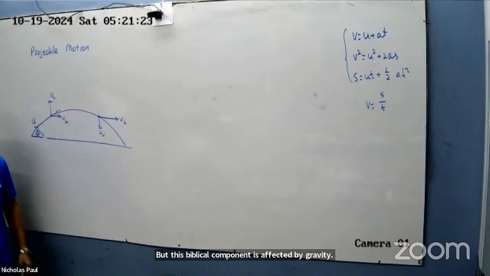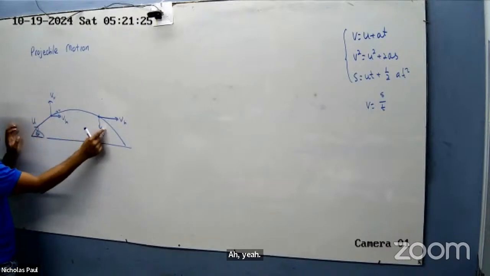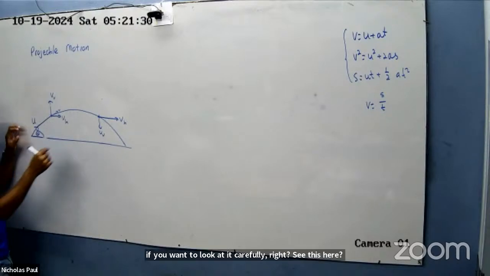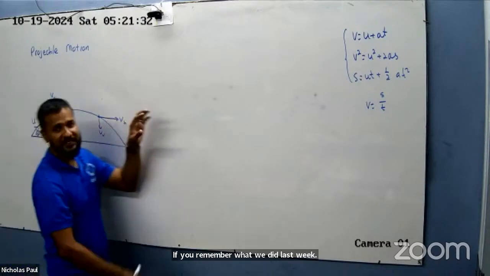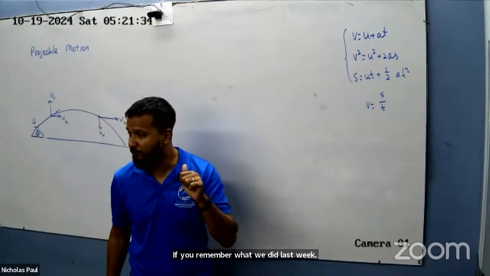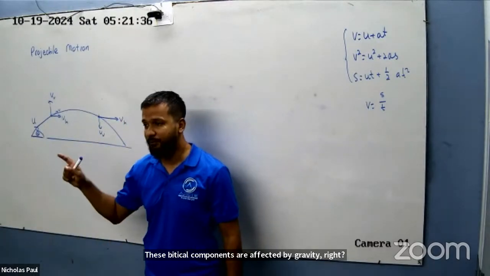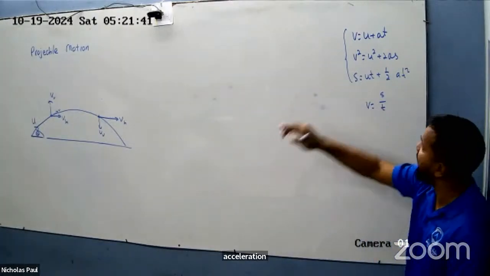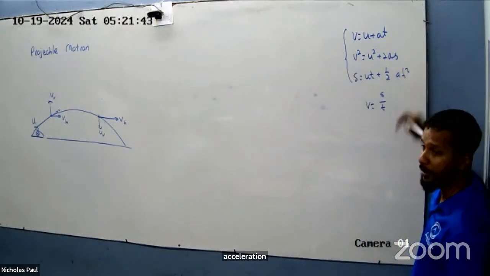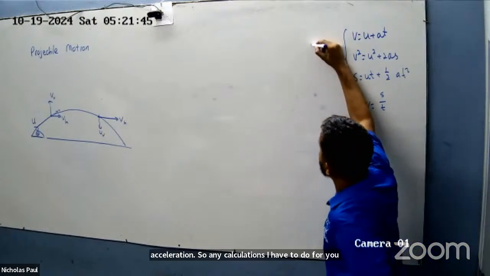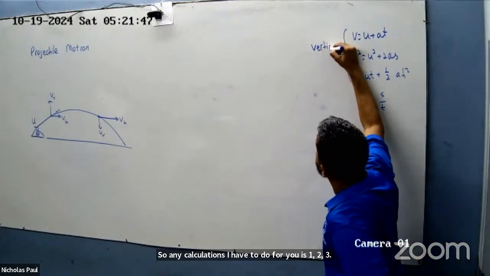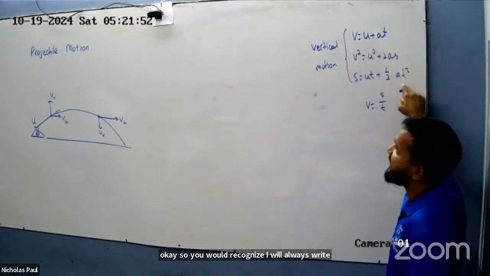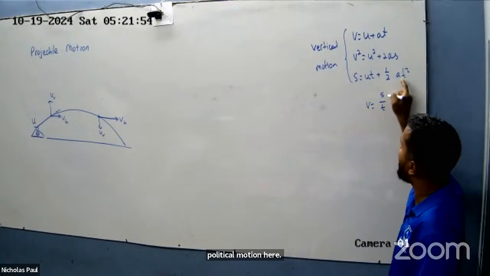You okay with that? If you remember what we did last week, these vertical components are affected by gravity, and gravity is what? Acceleration. So any calculations I have to do for vertical, I have to use equations 1, 2, 3. So I will always write vertical motion here because all of these are affected by gravity or acceleration.